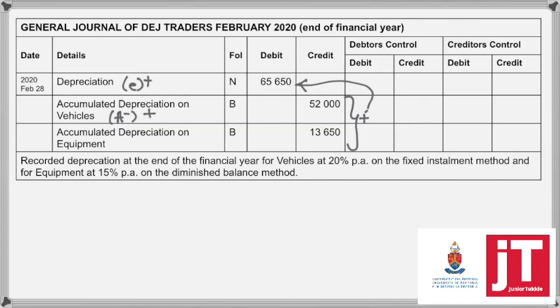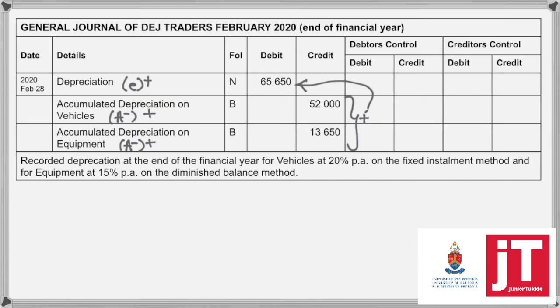And as we said, it's a negative asset that has to increase. So it's a credit that pluses, or a minus that pluses, which gives us a total minus, if you remember your maths. And again, accumulated depreciation is a negative asset that increases for equipment, and now we take only the value for equipment, 13,650.